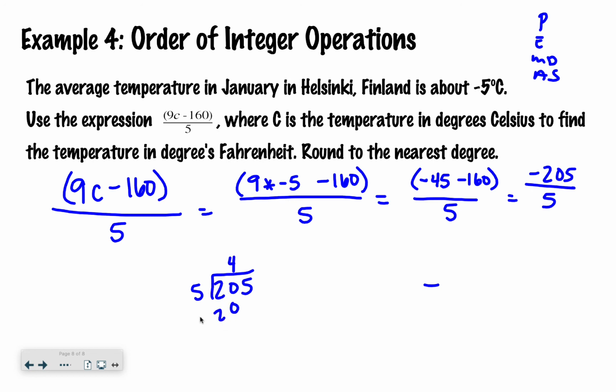So 5 times 4 is 20, 20 minus 20 is 0, carry down a 5. 5 goes into 5 1 time. So 5 times 1 is 5. If I subtract, there are 0 remainders, so my answer is a negative 41 degrees Fahrenheit.